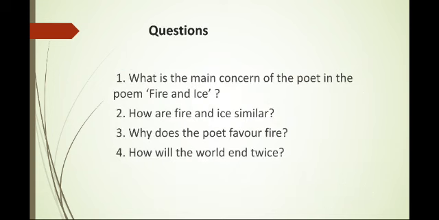Now, students, let's discuss some important questions. First, what is the main concern of the poet in the poem Fire and Ice? According to the poet, the world would end with growing desire, greed, and intolerance of mankind.